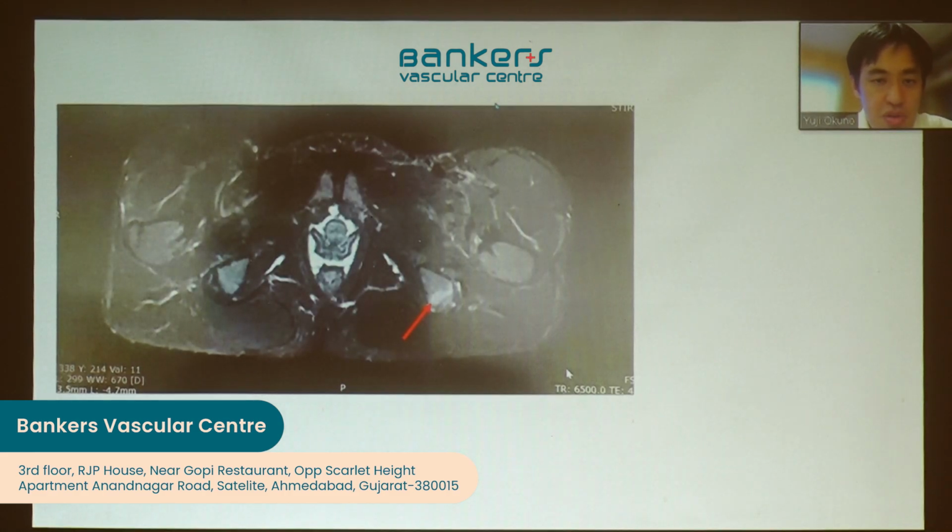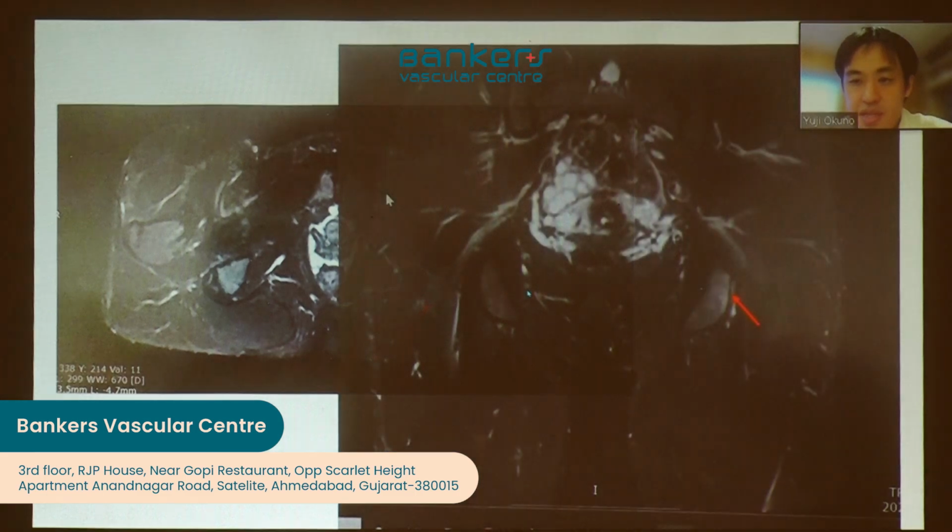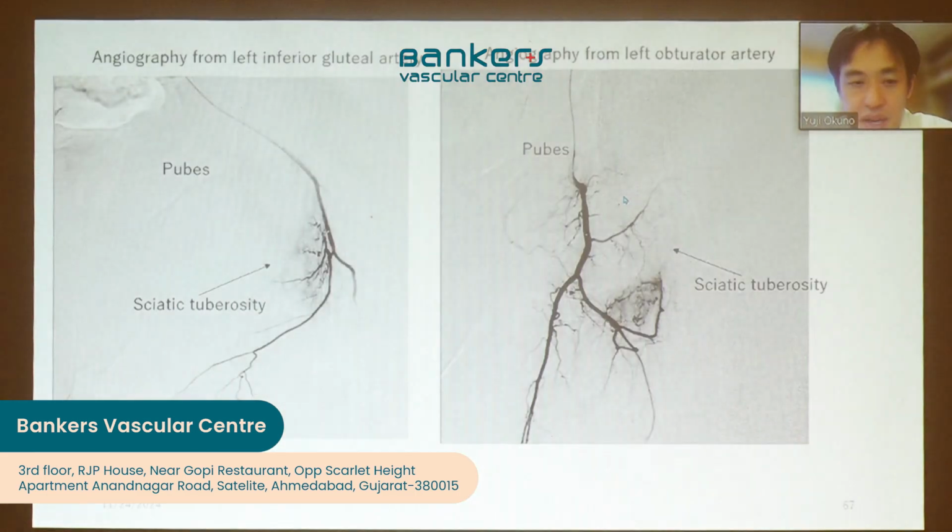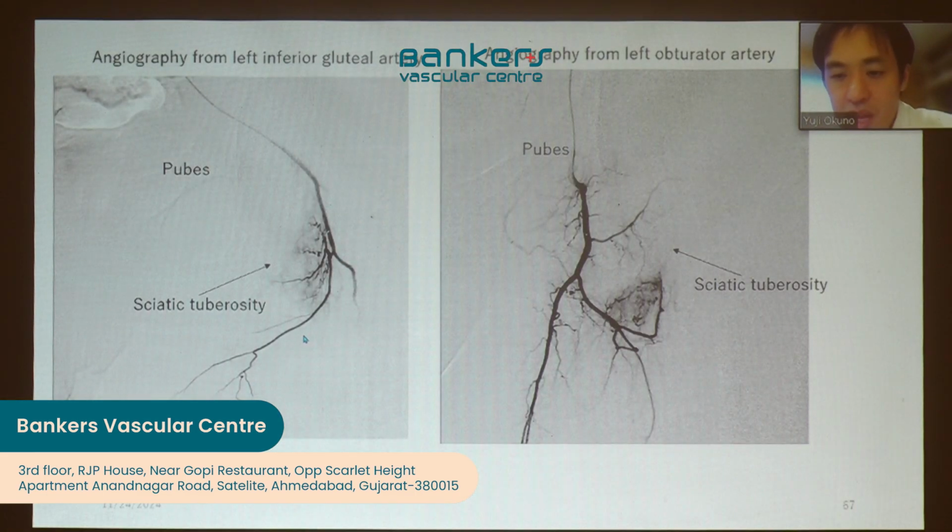So I will show you this case of a Japanese top level long distance runner, a female runner, and she has a 1 year history of left hamstring injury, and we can see the higher intensity area here. This is a coronal MRI, and we performed angiography.